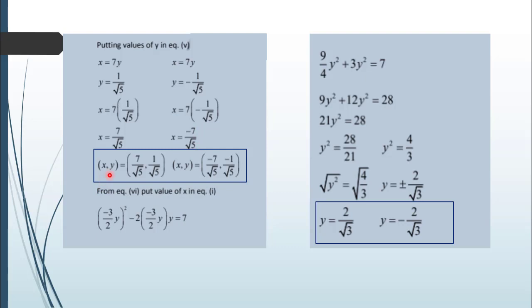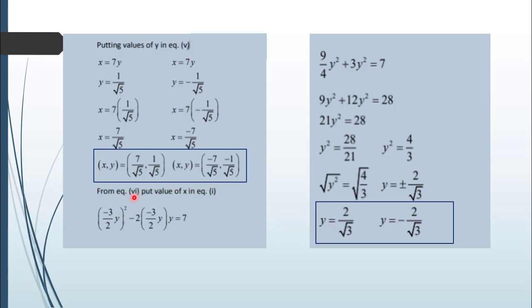So we get two ordered pairs. For the first ordered pair xy, the value of x is 7 over square root of 5 and the value of y is 1 over square root of 5. And for the second ordered pair, the value of x is minus 7 over square root of 5 and y is minus 1 over square root of 5.